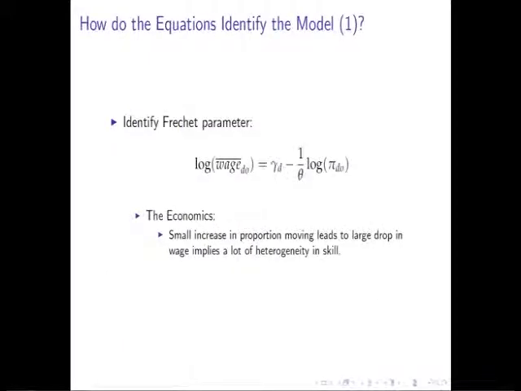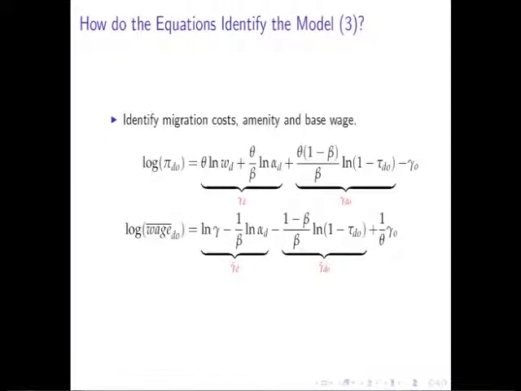To give some idea of where identification comes from, to identify the Fréchet parameter on sorting, we basically use this equation, which says the average wage goes down the more people move in, and that will estimate the importance of comparative advantage in our model. And the rest of the parameters are identified as follows.